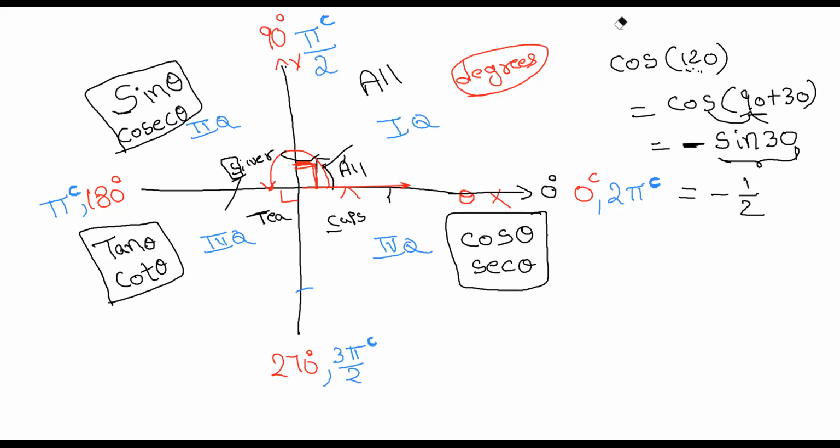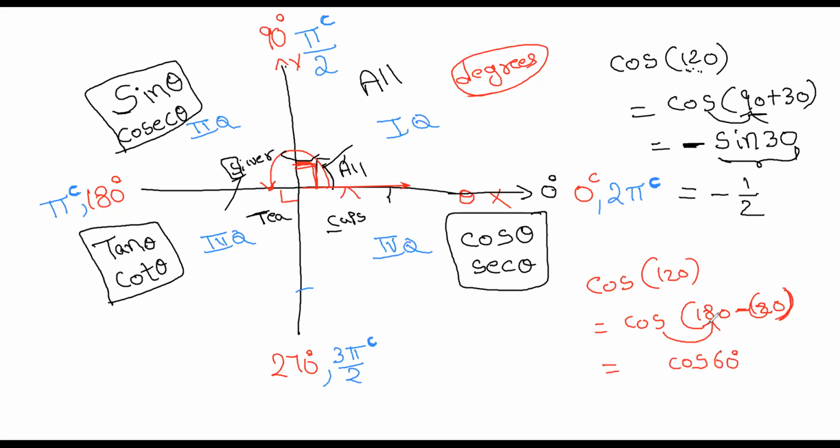The same thing, let's see. I can write cos of 120 as cos of 180 minus 60, right? This is also cos 120. As I told, cos of 180 stays cos as it is, with 60.